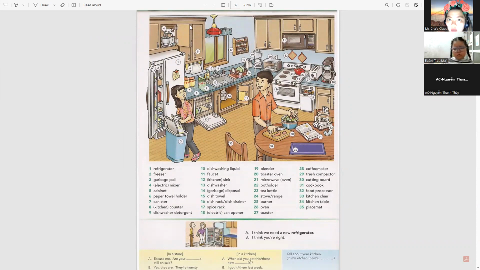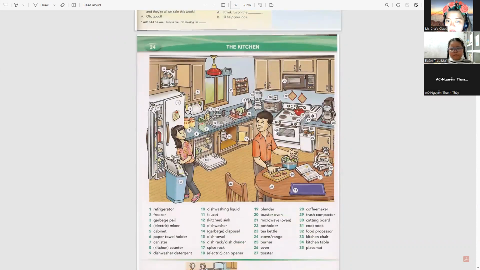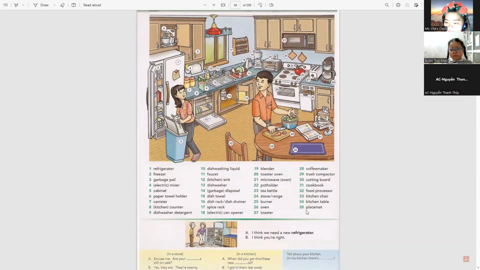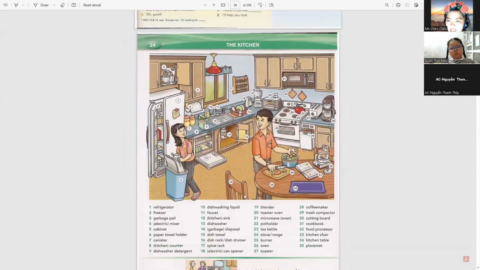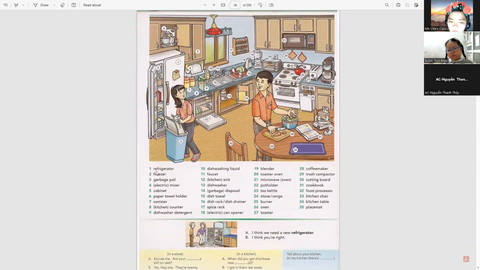All right, for tomorrow, I will let you practice pronouncing the following words. See, there are 35 words just in one photo. So the refrigerator, or commonly we call it the fridge, freezer. All right, number three, we got the garbage pail, or simply the garbage bin.